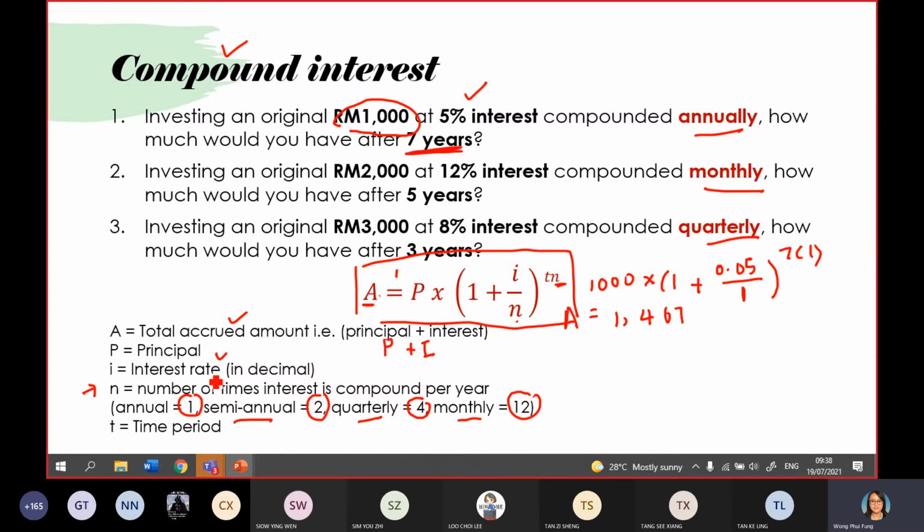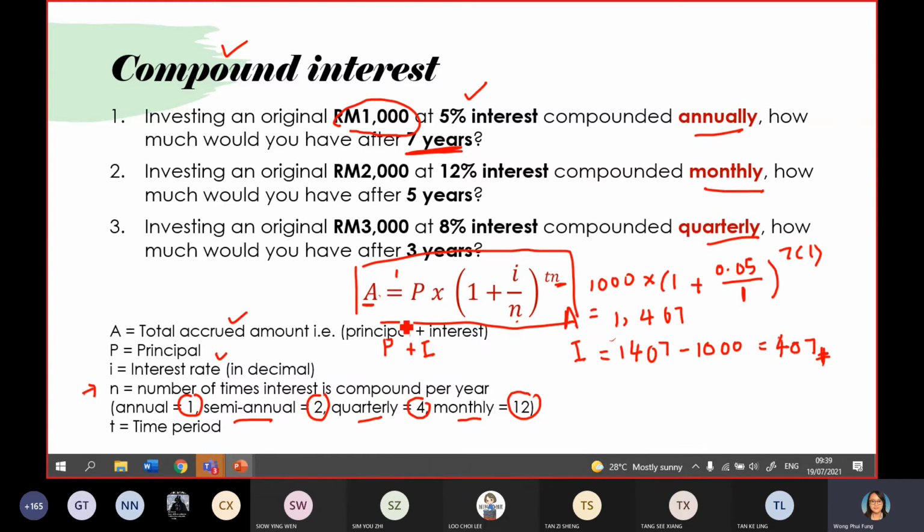A is the total accrued amount, principal plus interest. Now, if I ask you, out of this money, what is the interest incurred? You use 1407 minus your original, your principal. So the interest you get is 407. Do you understand?